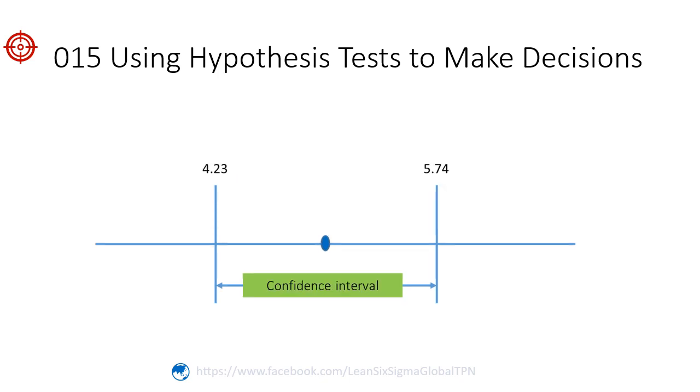For example, the confidence interval is 4.23 to 5.74, indicating a likely difference in production time between 4.23 and 5.74 seconds. The production manager must use her experience to determine whether this difference is meaningful in the context of this production process.